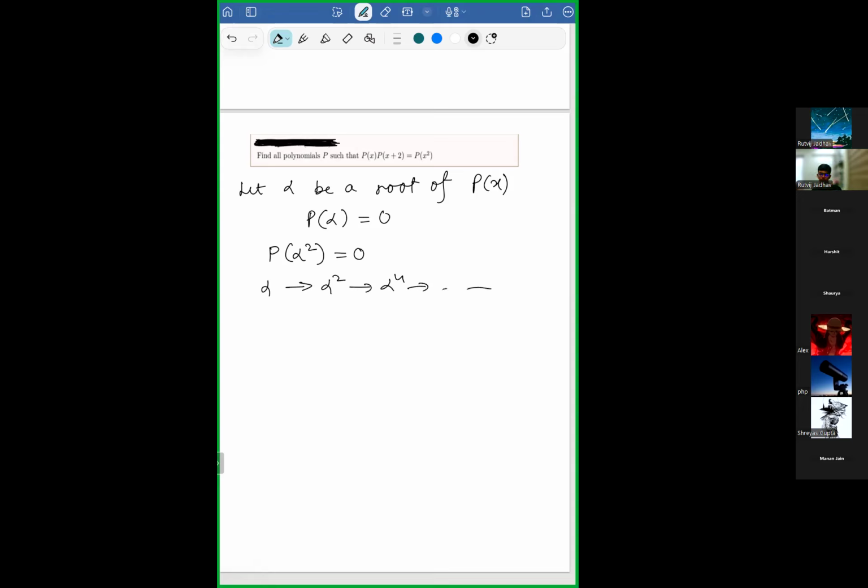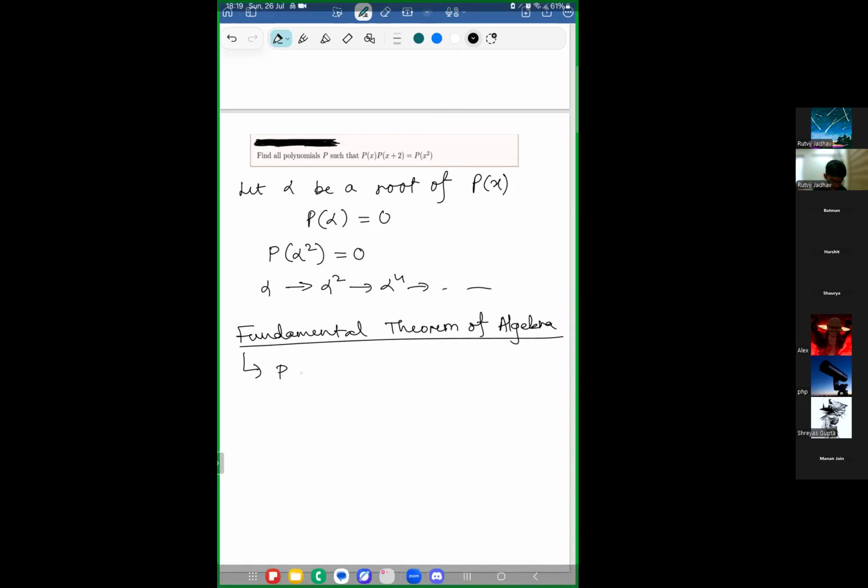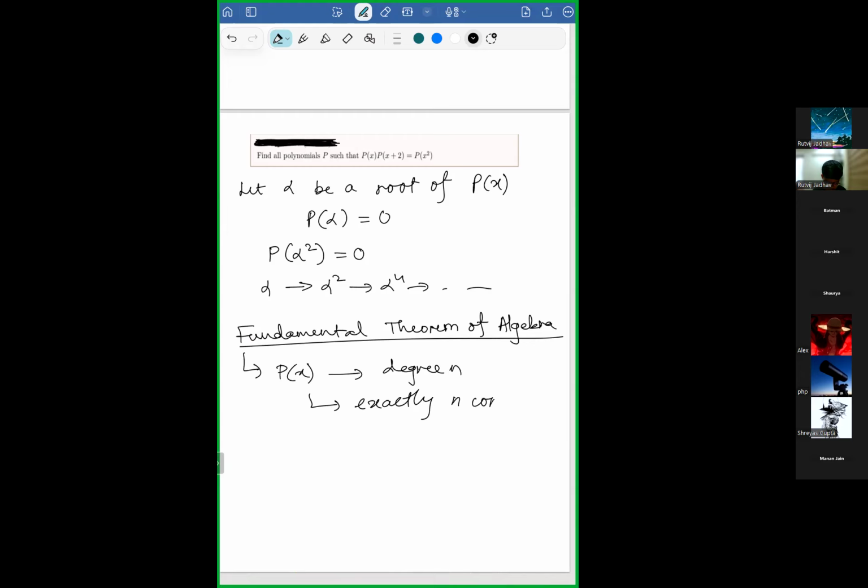But there is this thing known as the fundamental theorem of algebra. I'll just state that once here. This basically states that if polynomial p of x has degree n, then it has exactly n complex roots.